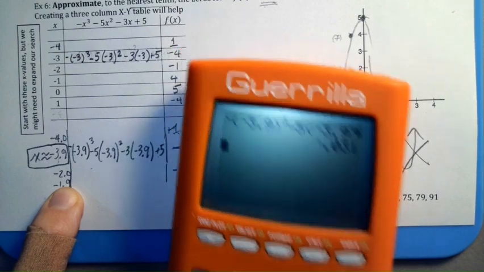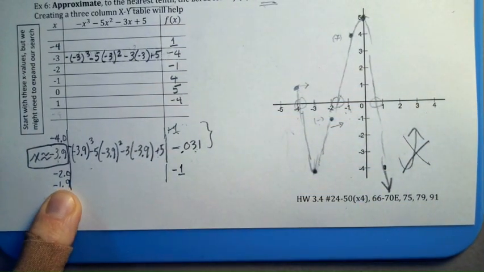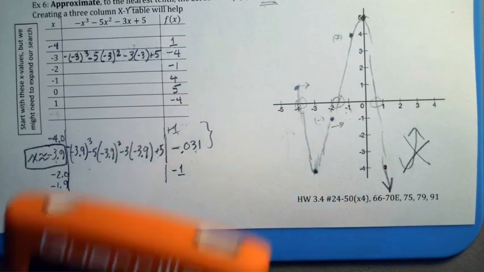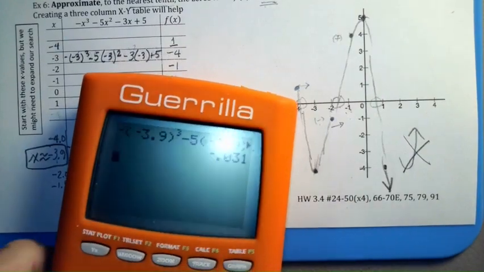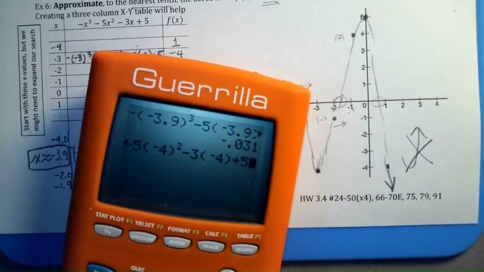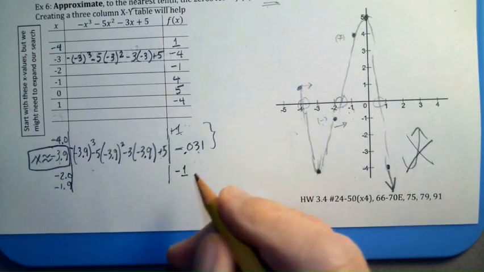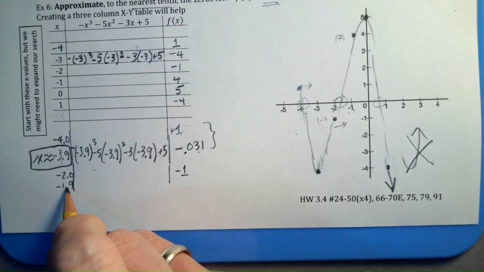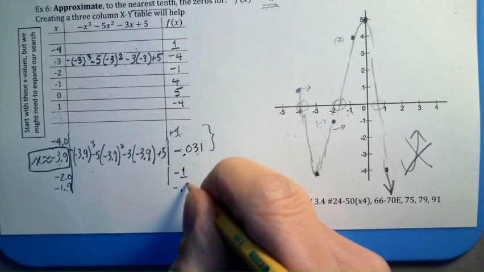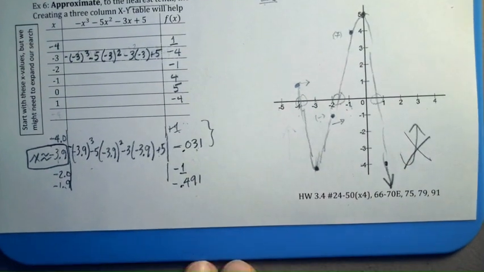Sorry, I somehow got back to my 3.9s. All right, let me try that again. When I do negative 1.9, I got negative 0.491. Okay, so I'm still negative.